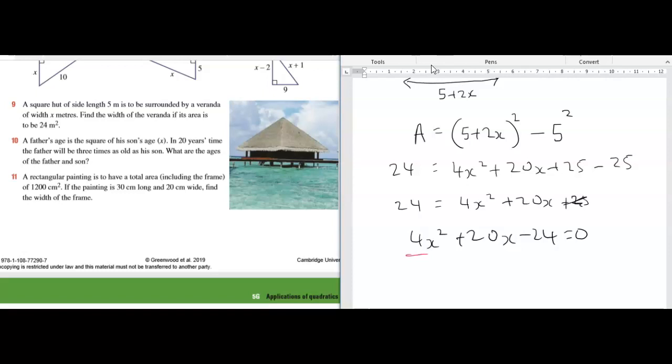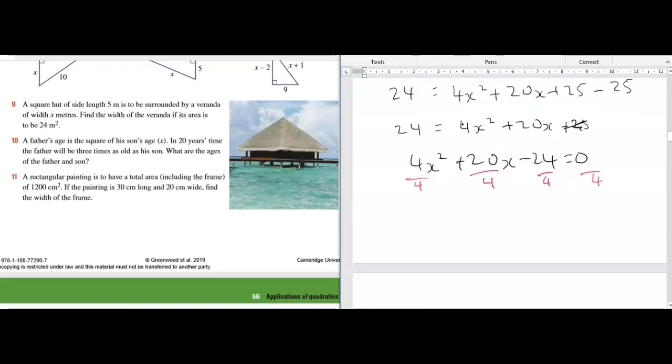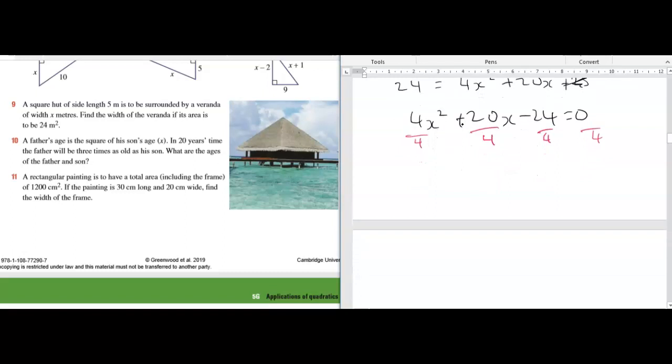So we've got 4 here. We can actually divide everything by 4, which is awesome. So it turns quite an annoying quadratic into, some of you might think, a friendly quadratic: x squared plus 5x minus 6 equals 0.